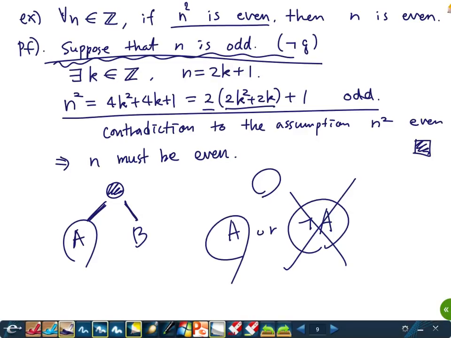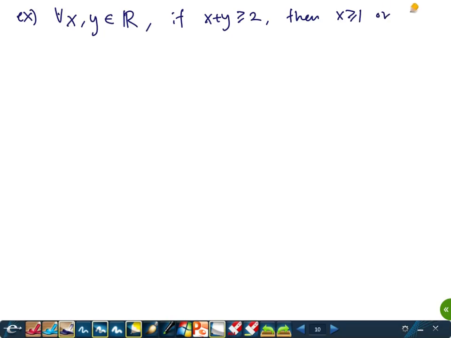Okay, let me give you one more example just for clarification. For all real numbers x, y, this means the set of real numbers, if x plus y is greater than or equal to 2, then x is greater than or equal to 1 or y is greater than or equal to 1.